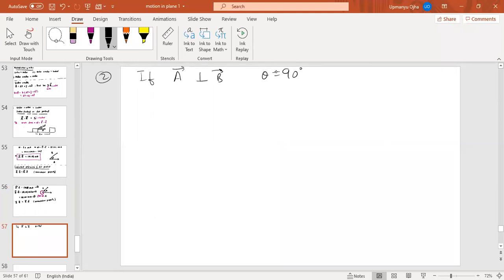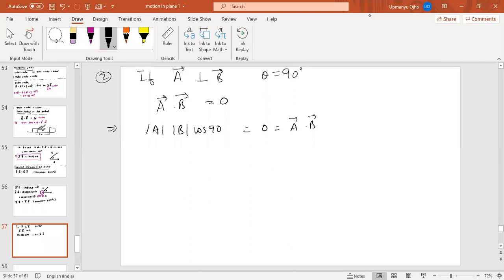Then A vector dot B vector will be equal to 0. If A is perpendicular to B, meaning theta is 90 degree, then A dot B must be equal to 0. Now I think we can prove this point, because A dot B equal to mod of A mod of B cos 90. Okay, cos 90 is 0, which means A dot B is equal to 0 here.